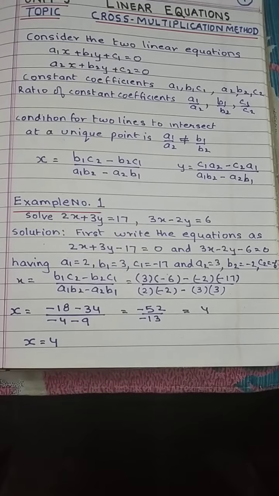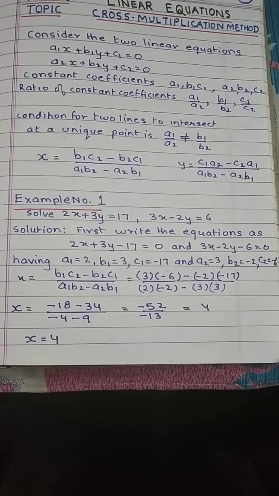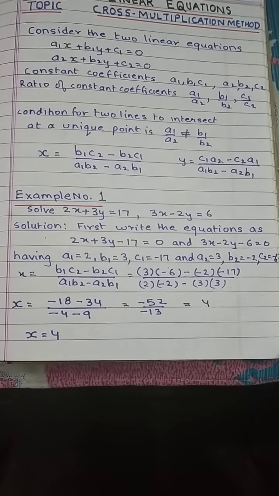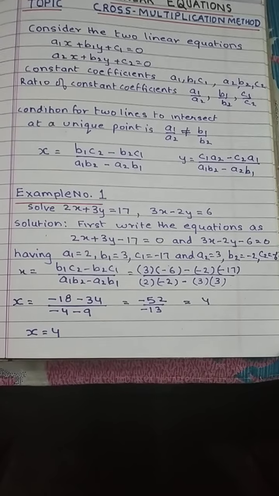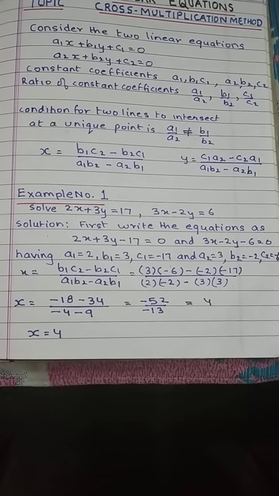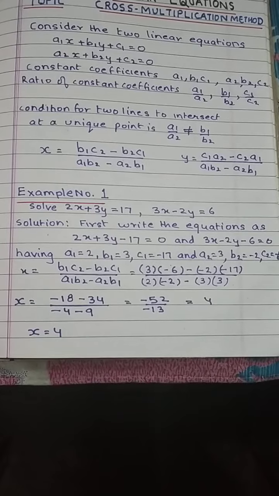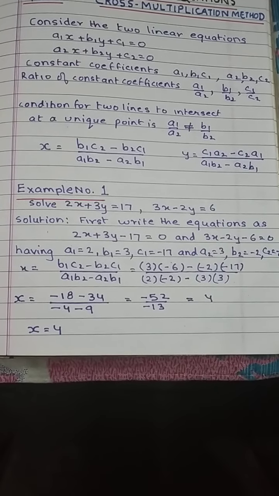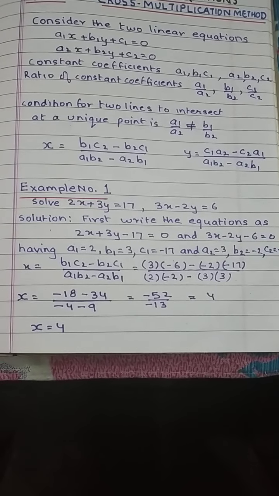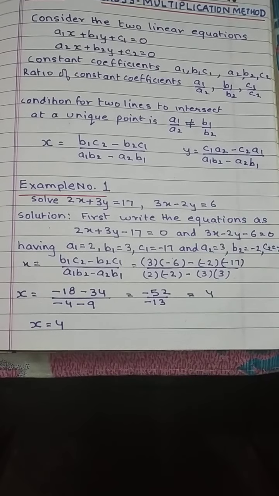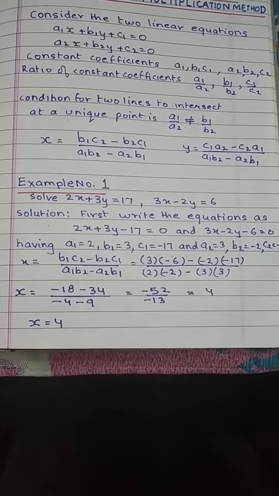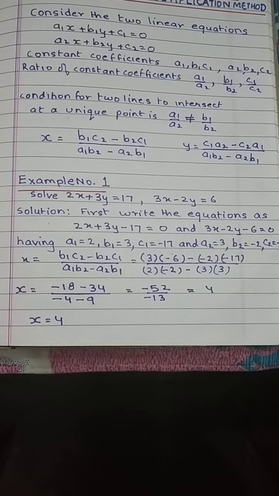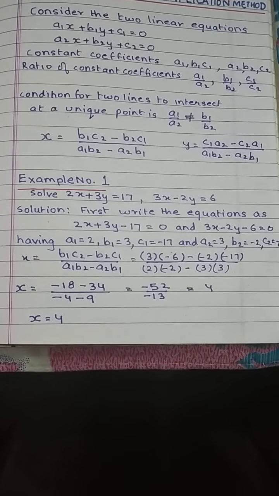The ratios of coefficients are a1 upon a2, b1 upon b2, c1 upon c2. The condition for two lines to intersect at a unique point, that is, to cut each other at a single point, is a1 upon a2 not equal to b1 upon b2.